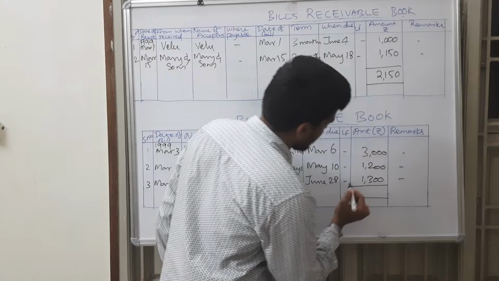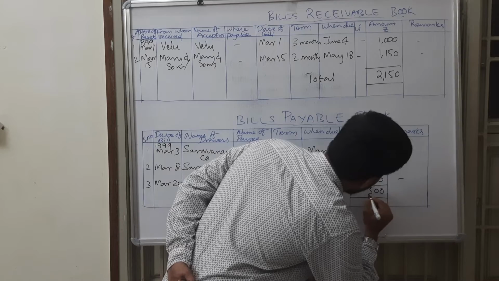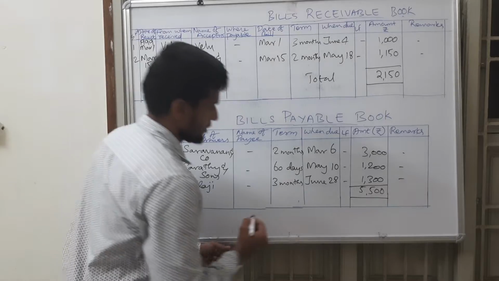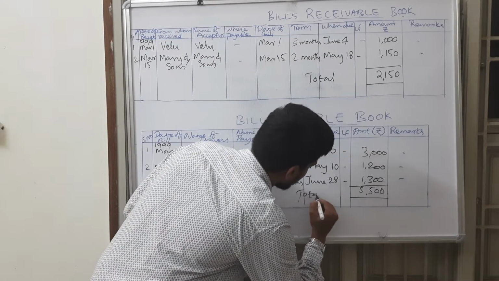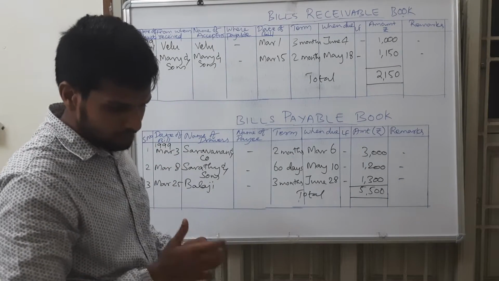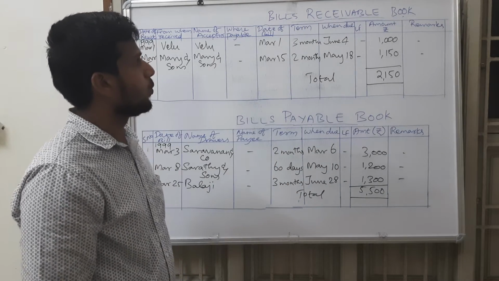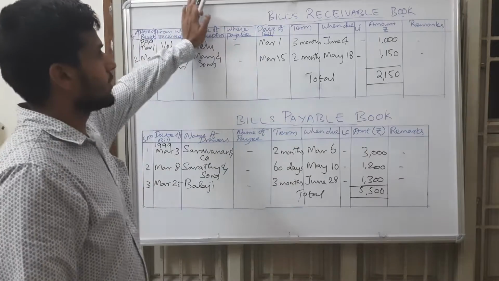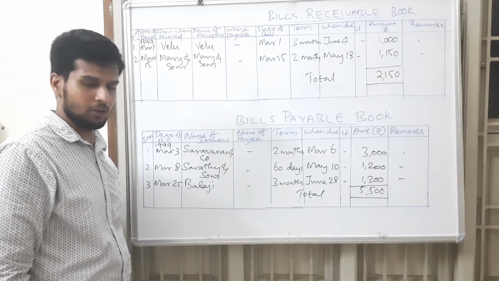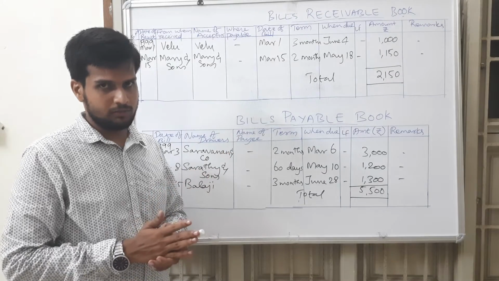And next here we have 5500 as the total for the bills payable book, and the total of the bills receivable book is 2150 rupees, right? So in this way we have to prepare the bills receivable book and the bills payable book, right? And next we should prepare the ledger accounts, right?